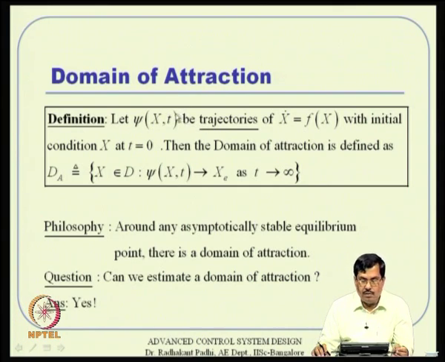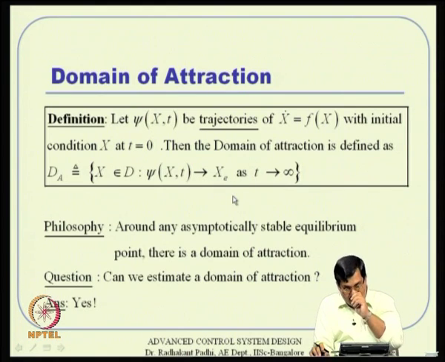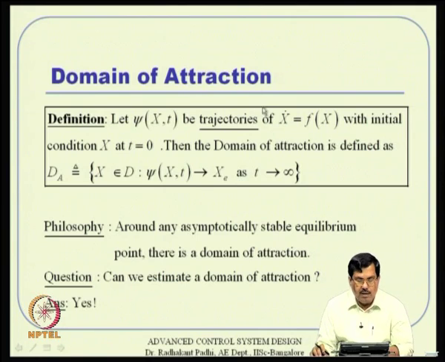Then that particular set of trajectories I am defining as psi. Then the domain of attraction is defined as x belongs to D such that psi of x, t goes to x e, because all such trajectories that I start with different initial conditions will go to the equilibrium point as t goes to infinity.